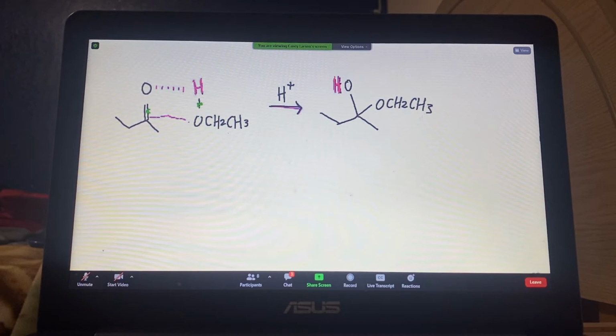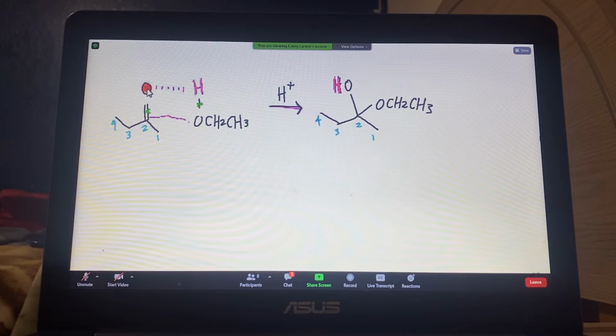If you guys need me to number my carbons, let me go ahead and do that if that helps you visualize. So it stays on the same carbon, what you're adding. You mean it was a double bond, but then you broke it up? Correct. You went off the same carbon. So off carbon 2, you added the H and OCH2CH3.